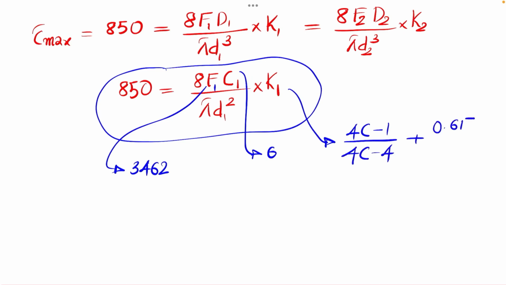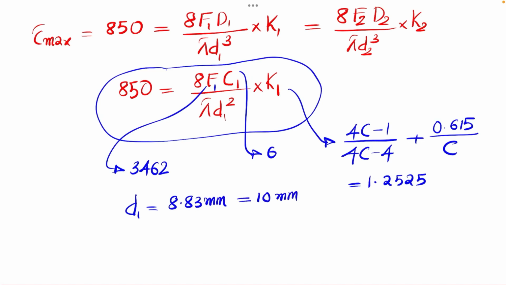We have the expression from the data book, 4C minus 1 divided by 4C minus 4 plus 0.615 divided by C. So here C value is 6, you can substitute, then the value of K will be equal to 1.2525, and the only unknown in this equation will be d1 square. So from this we can find the value of d1. If you solve this, we will be getting around 8.83 mm.